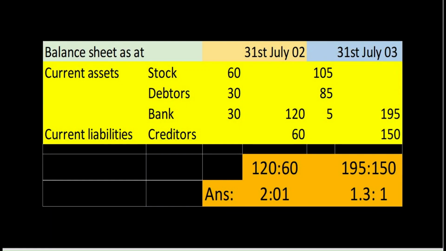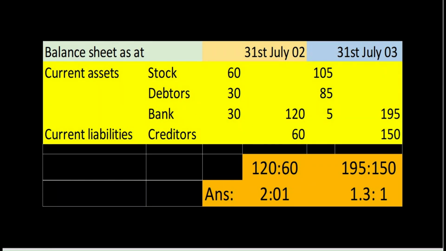That is 120:60, which will give a ratio of 2:1. In the second period, that is 195:150, which will give a ratio of 1.3:1. The answer, therefore, is a ratio of 2:1 and a ratio of 1.3:1.